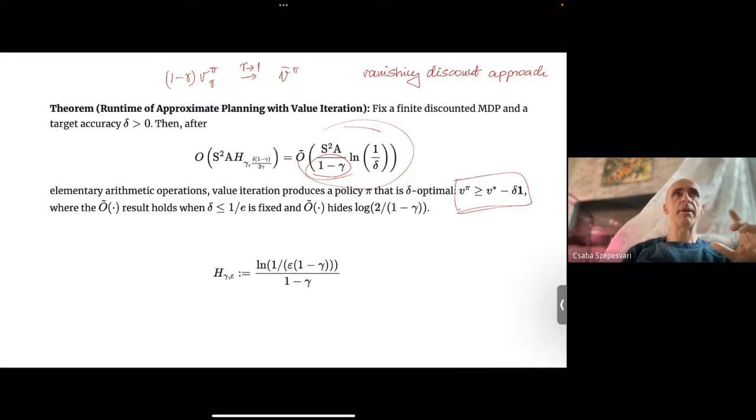If the optimal value function has a large span, then I think the calculations are going to take longer. And the span is related to the mixing, and this whole convergence only happens if the span of these normalized value functions can be kept bounded as gamma goes to 1.